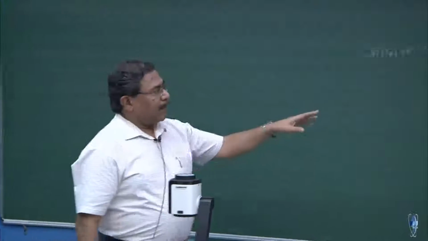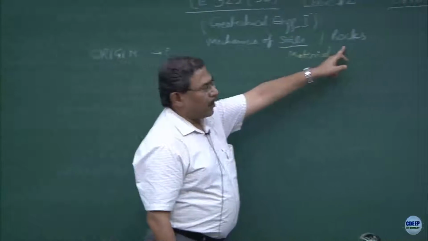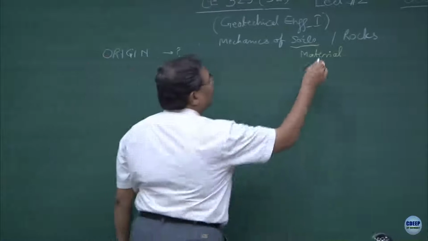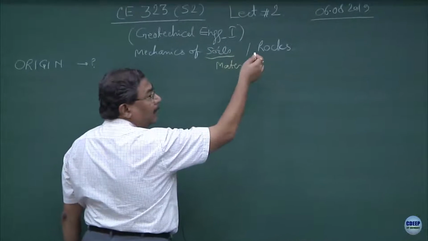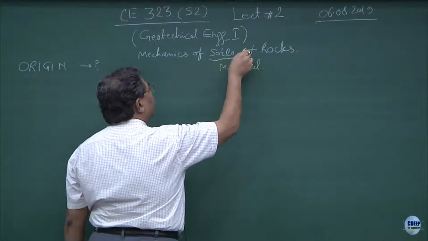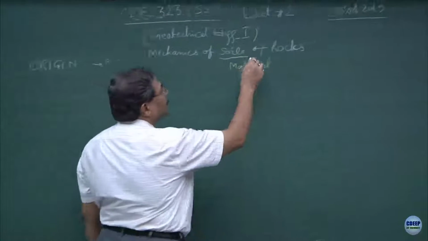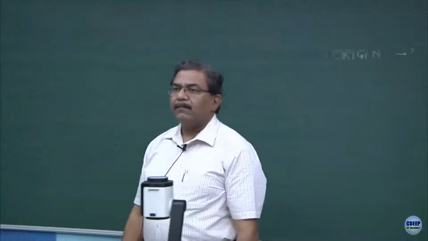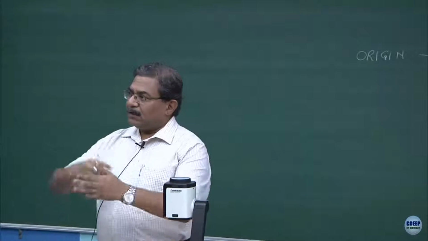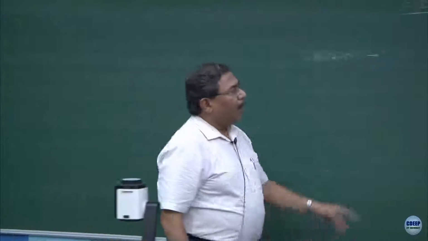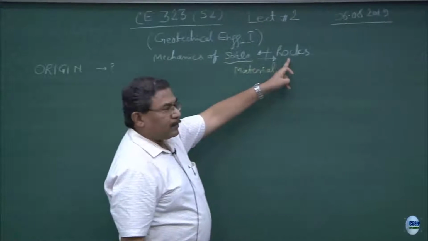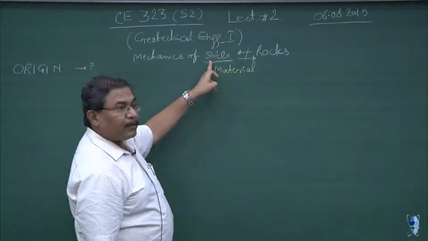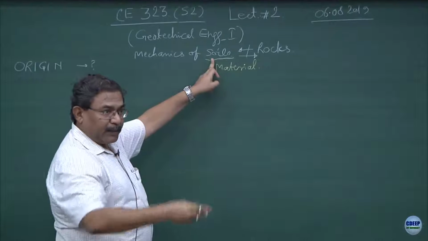So, the materials part is either soils and rocks, and then I would like to see what forms what. Rocks might form soils, which is a normal process, but it might so happen that soils might also form rocks. I hope you are aware of this, is it not? So, it is a reversible process. Parents definitely create offsprings.